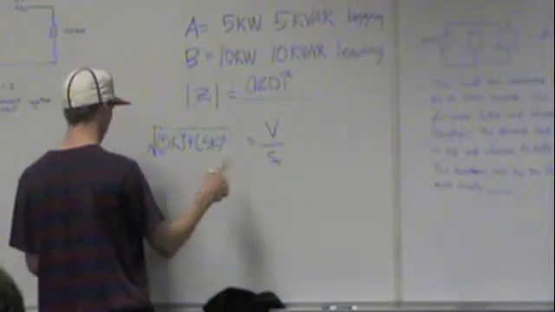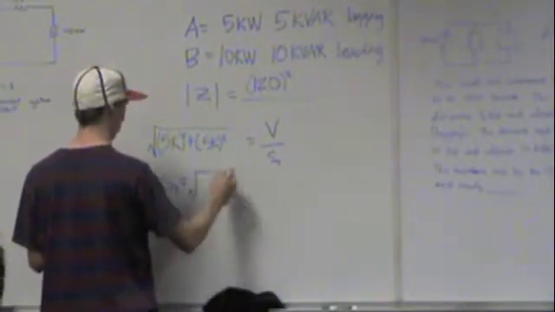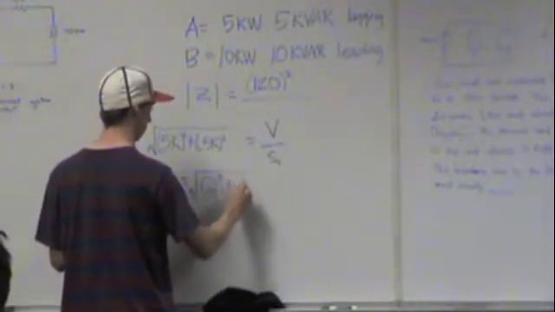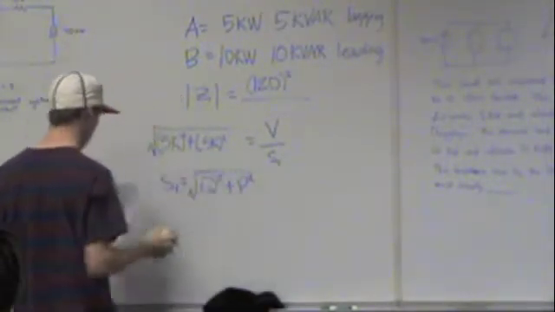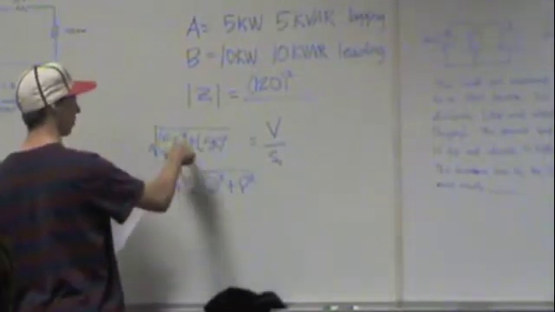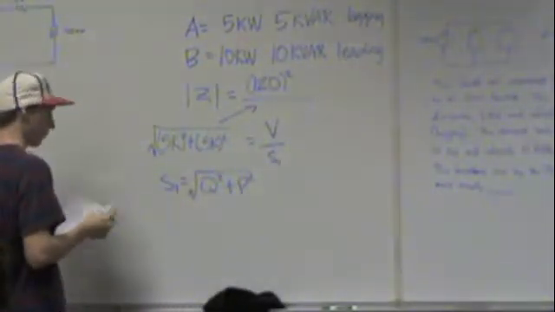And again, S1 is just equal to the square root of the reactive power squared added to the real power squared. So then we can multiply all this out. I am going to take up a lot of room, so I am going to erase this.